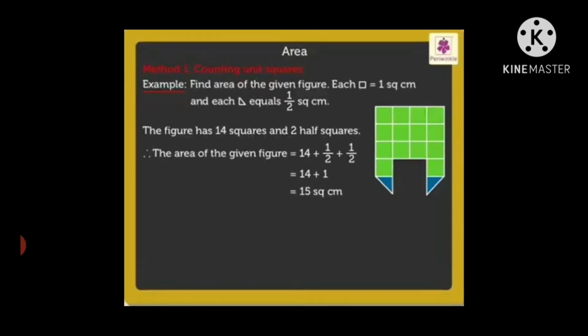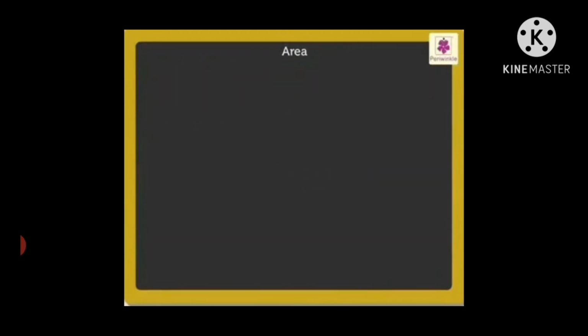Now, let's see how to find the area using formulas. The area of a rectangle can be found by using the formula A is equal to L into B, where A is the area, L is the length, and B is the breadth of the rectangle.